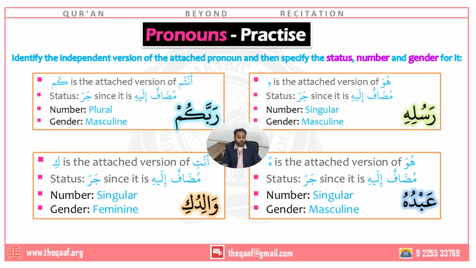Now the who form is used. Why? Because the word is ending in dhamma, Abdu. So no need to use he. Just use who. That's the only difference. For Rasul, he was used because the word Rasul was ending in kasra, and Abdu is ending by default in dhamma. So we use the default who. So this is the basics of a pronoun attaching to an ism, creating an idafa.